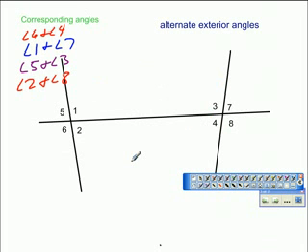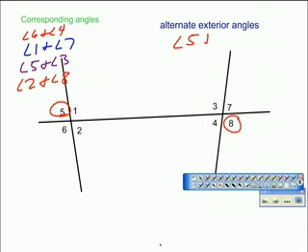Okay, and then they alternate. So angle 5 is outside and alternates with what other angle? It has to alternate. 8. They're both to the outside, plus they're on opposite sides of the transversal. When you see that word alternate, they have to be on opposite sides of the transversal.